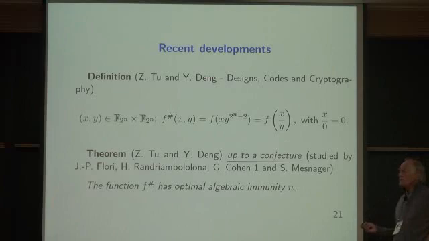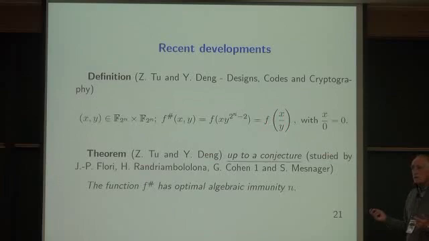Instead of one input, you take two inputs. So the input will be of length 2n, since x has length n, and y has length n also when they are viewed as vectors. But here they are viewed in the field. And the output of the new function is the output of the previous function, but on x over y.